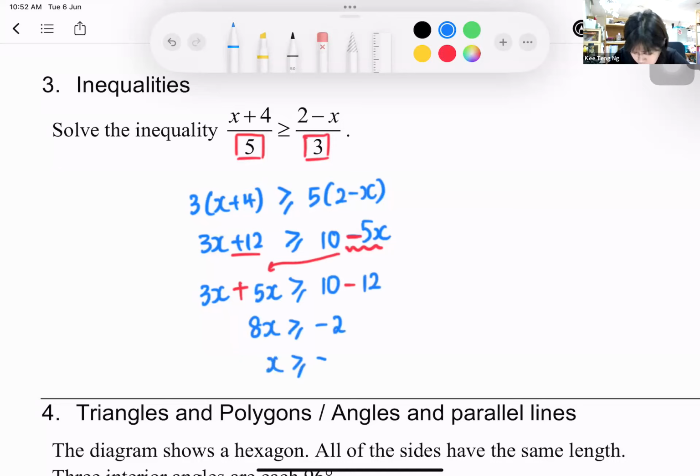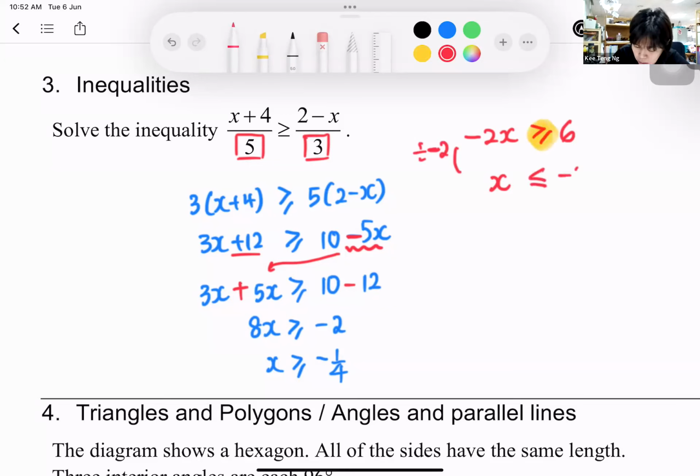I'll simplify the fraction. Just a word of caution: if you get negative 2x greater than or equal to 6, for example, and you want to divide by a negative number, you must remember to change your inequality sign.